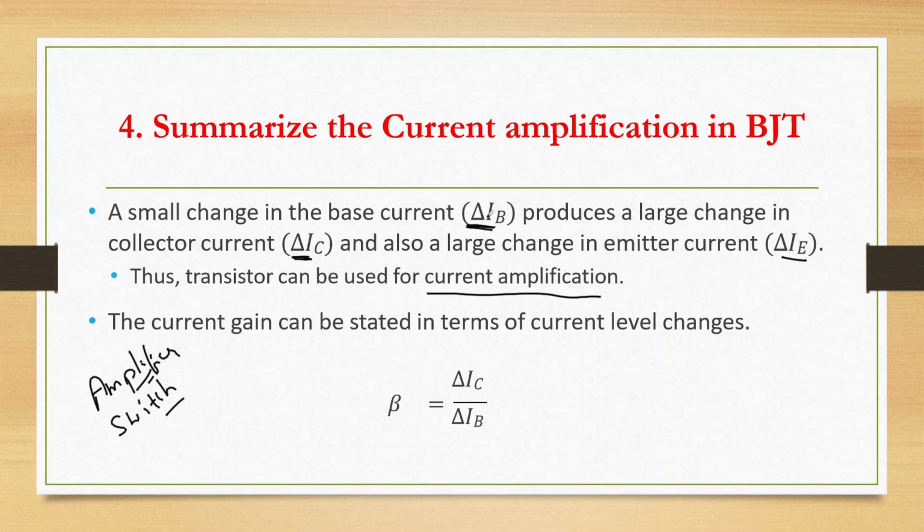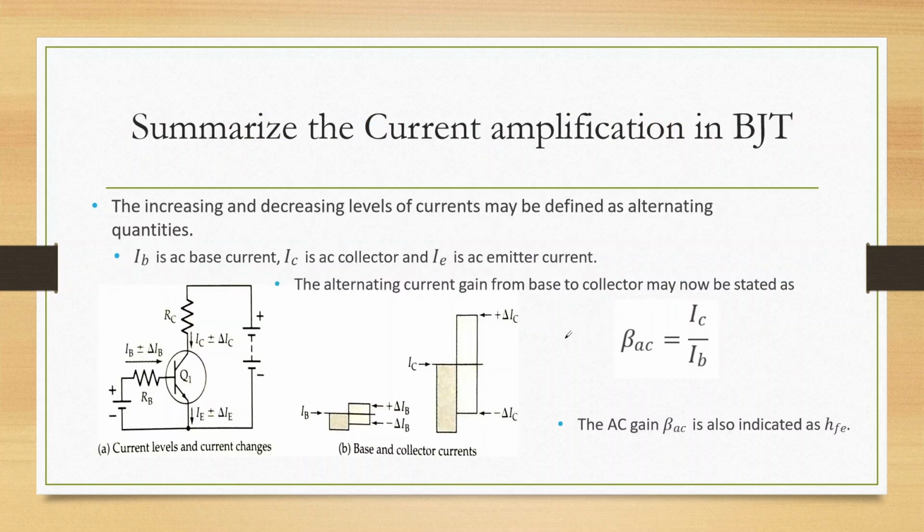If you give a small change in the base current, in turn it produces a larger change in the output current, that is IC. So the current gain can be stated in terms of current level changes, beta, which is delta IC by delta IB. This is nothing but current amplification. So the increasing and decreasing values of current may be defined as alternating quantities. IB is base current, IC is collector, and IE is emitter.